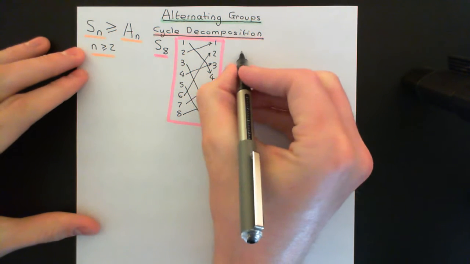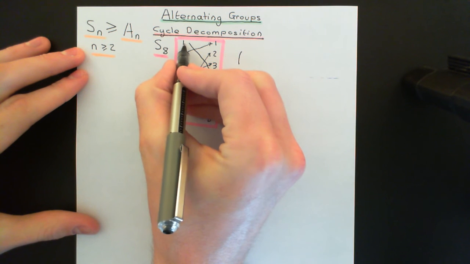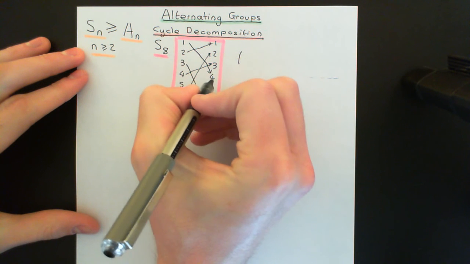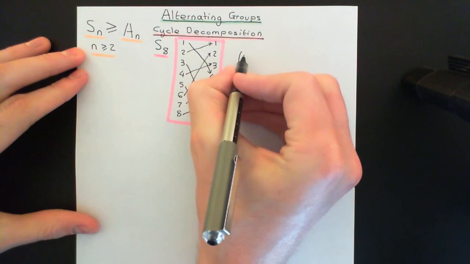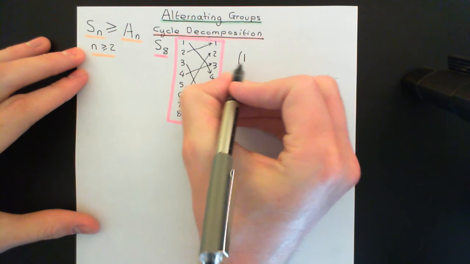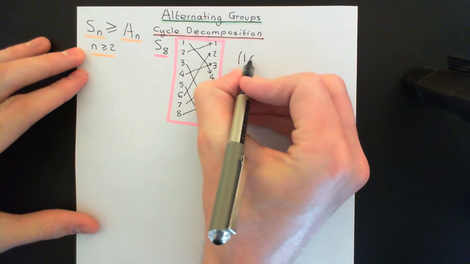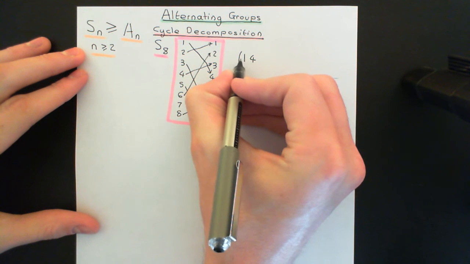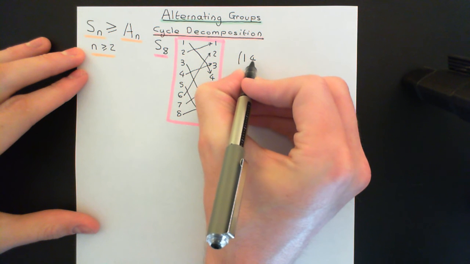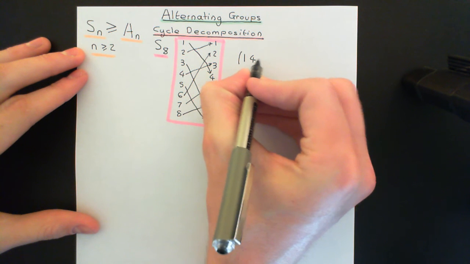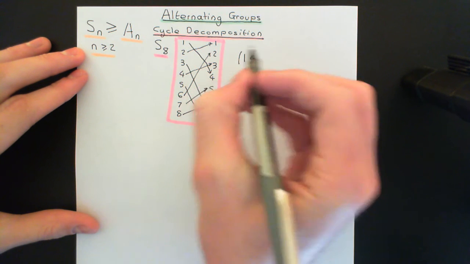The way you do this is you start with number 1 up here and you ask where does that go. So you draw a curly bracket here and you put 1 as your starting point and you say 1 is going to go to 4, so I'll put 4 after it. This is giving me the information that 1 goes to 4, and then what you put to the right of 4 is where 4 is going to go.